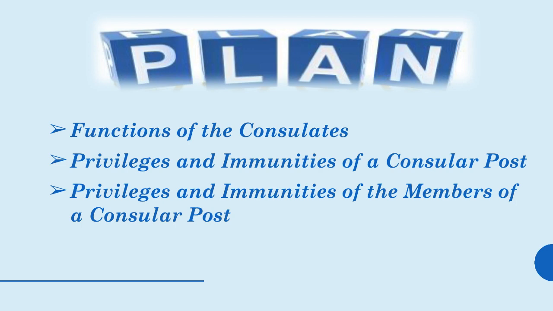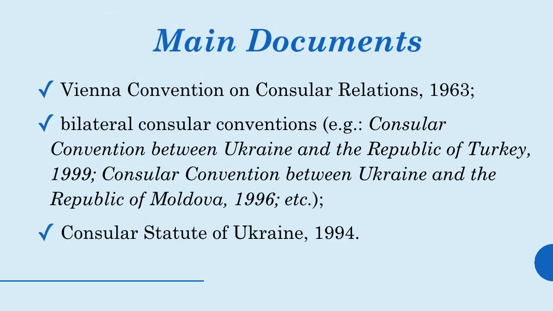As you already know, the main document in the sphere of consular relations is the Vienna Convention on Consular Relations of 1963. But in addition to this multilateral convention, states often practice to conclude bilateral consular conventions that determine the number of consular posts of the country in each other's territory, location of consular districts, privileges and immunities of consular staff, etc. For instance, Ukraine has a lot of bilateral consular conventions with different states.